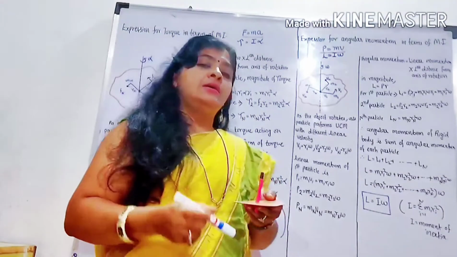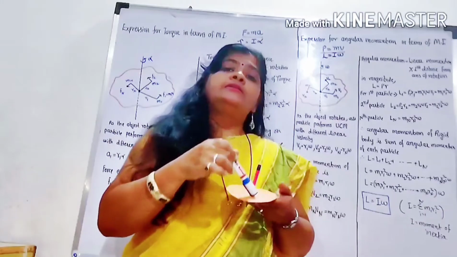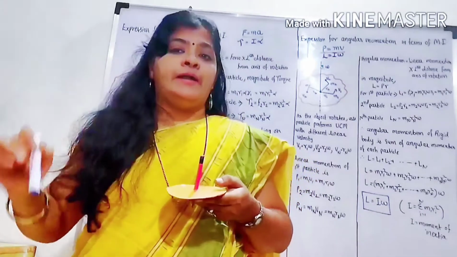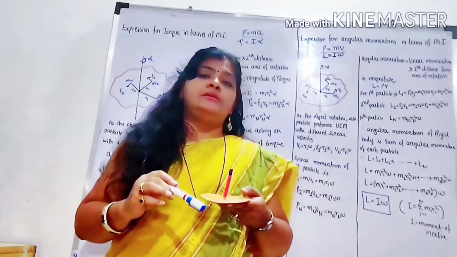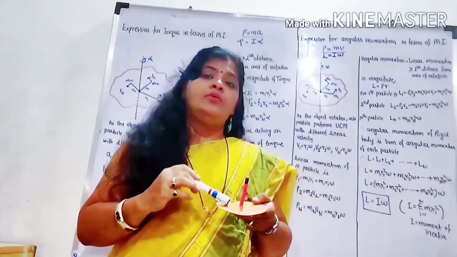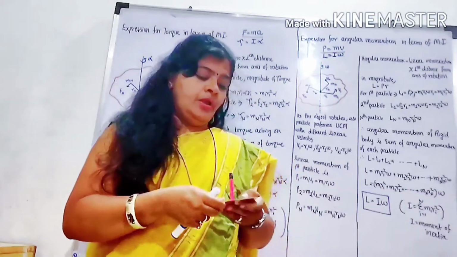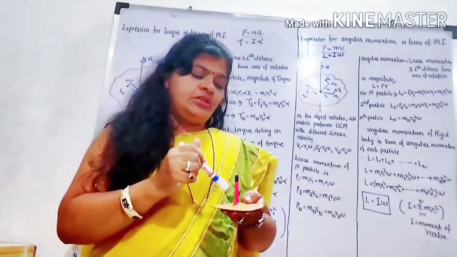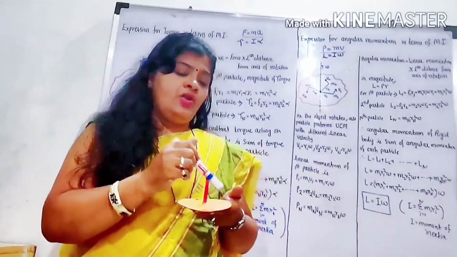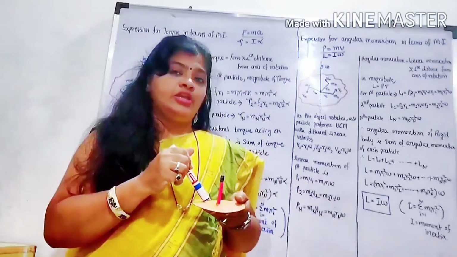Third point, we consider this rigid body consists of n number of particles having the masses m1, m2, mn situated at different positions r1, r2, rn from the axis of rotation.